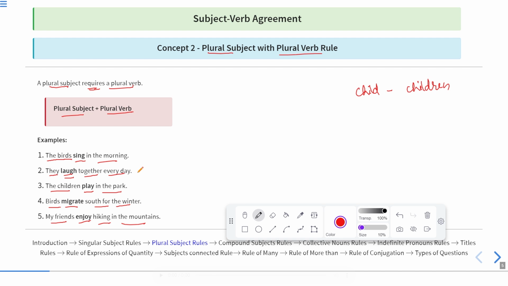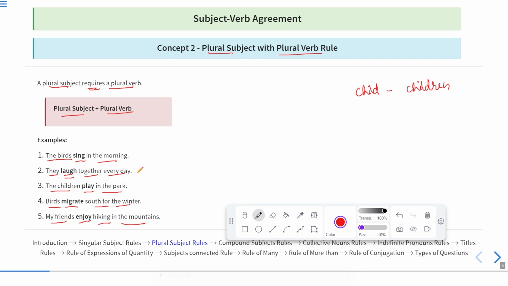Okay, now here you can see the plural subject rule, that is plural subject plus plural verb, and the base form of the verb is always plural. And you can see here birds are the plural of bird. They is the plural person, plural third person. For example, if I say he, she, it will be singular. It is singular, but if I say they is plural.